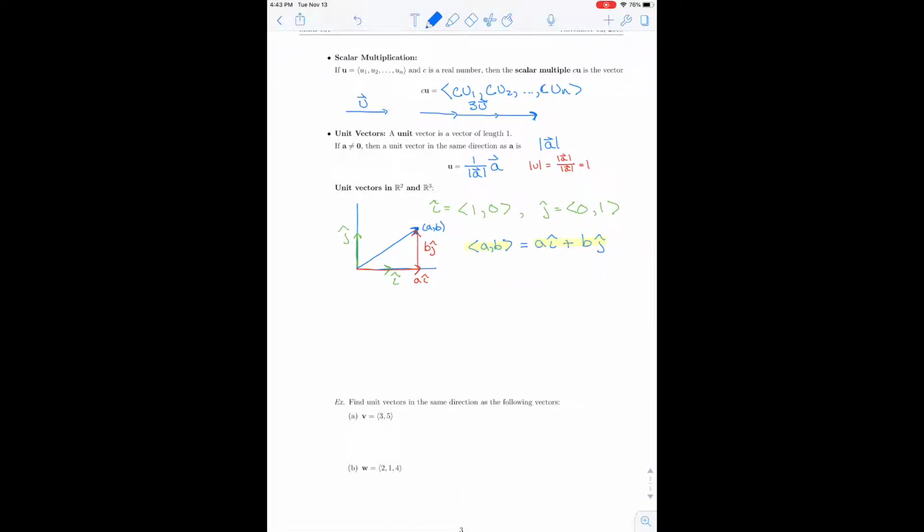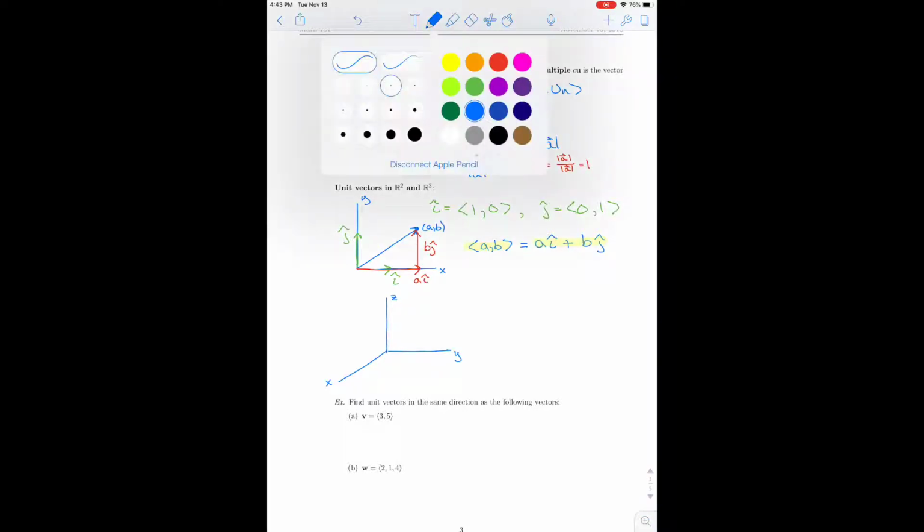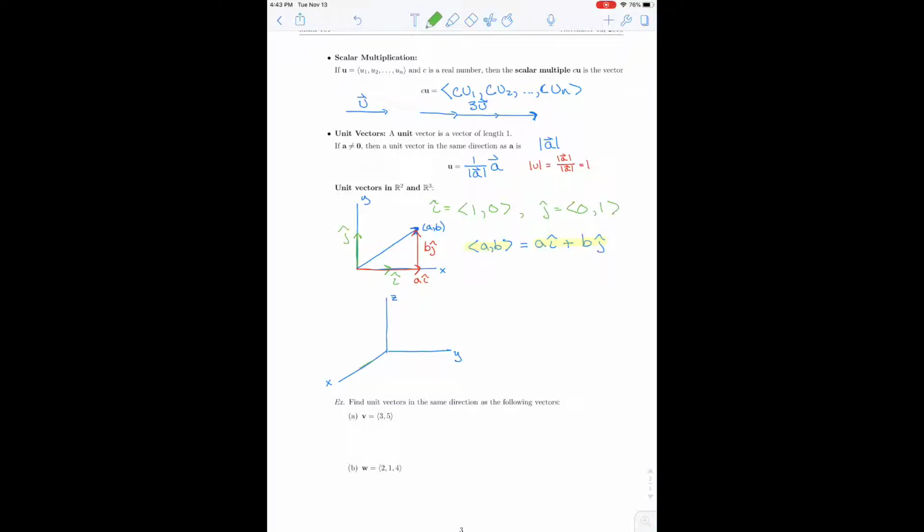Now in 3 dimensions, there are 3 important unit vectors in the x, y, and z directions. They are i hat, j hat, and now k hat.